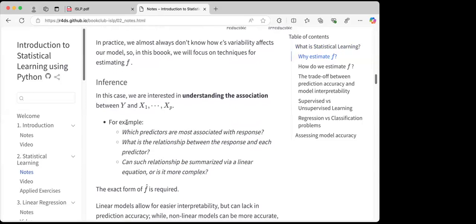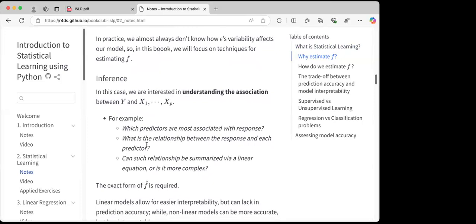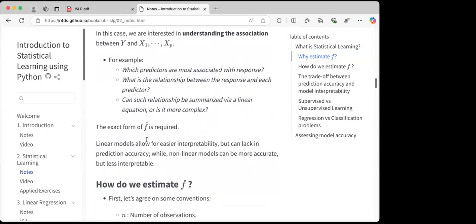The most common method to do this estimation is to use linear models. Of course, we could use non-linear models, but later we will also discuss the issues that we might come across if we want to use non-linear models. The exact form of F is required, but we don't observe it.